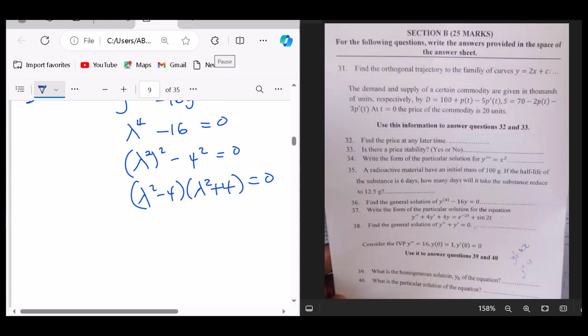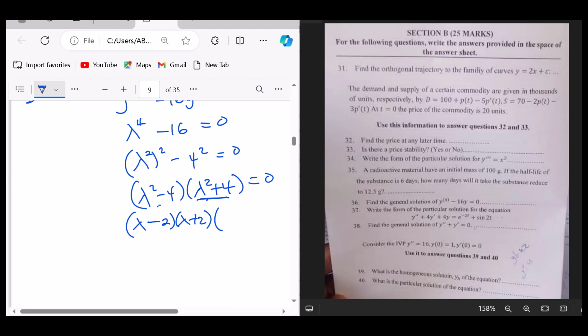The first gives me lambda minus 2, lambda plus 2.